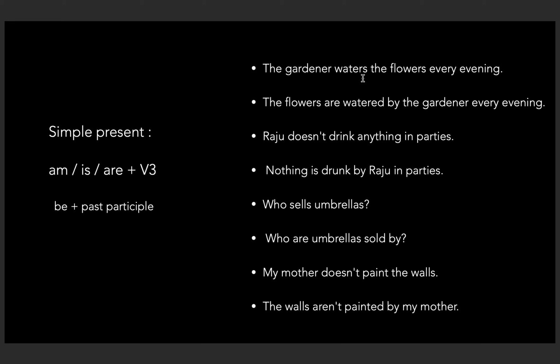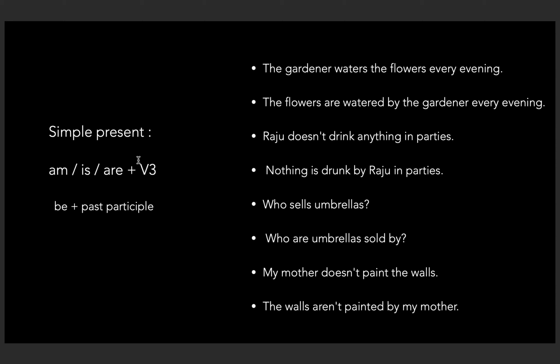The gardener waters the flowers every day. The gardener is the subject, waters is the V1, and the flowers is the object. Once we change it into passive, the object flowers becomes the subject, so we say flowers are watered.